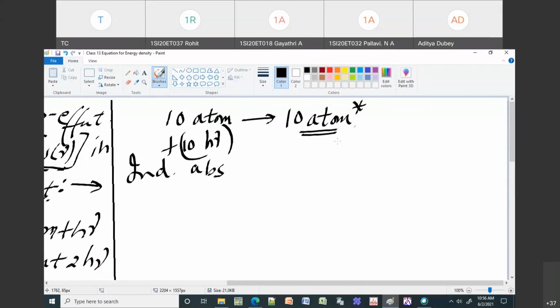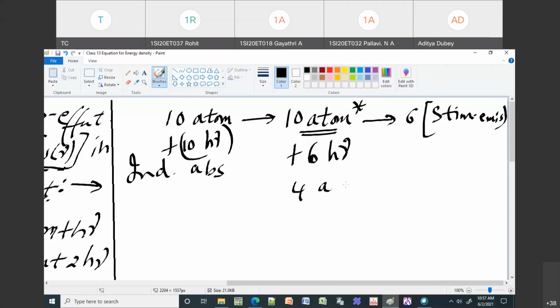But now if I give only 6 photons, then 6 atoms will undergo stimulated emission, but there are still 4 more atoms in the excited state.